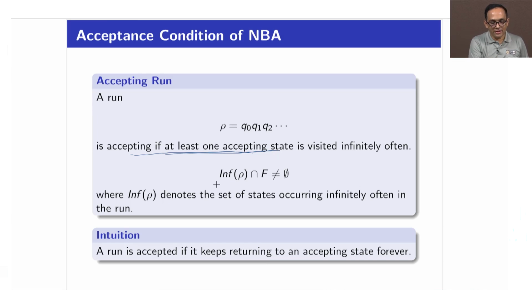So, effectively this is defined like this. INF of the run denotes the set of states occurring infinitely often in the run, and these are the accepting states. Their intersection should not be empty, right. Effectively it means that at least one of the runs has infinite occurrence of the final states.